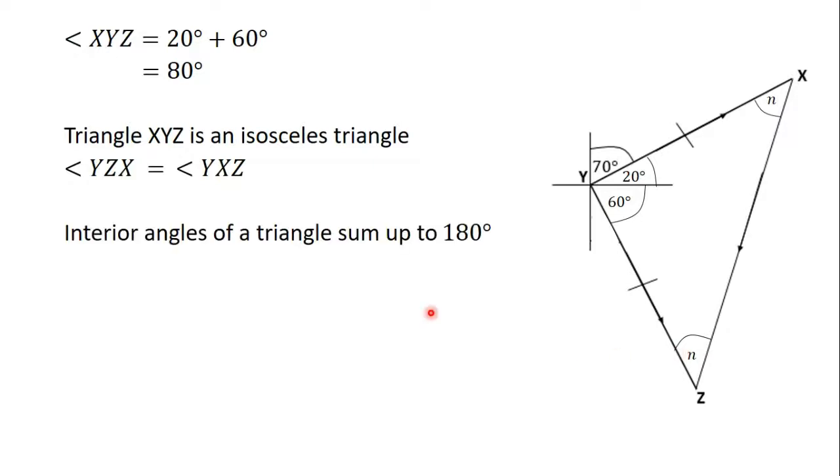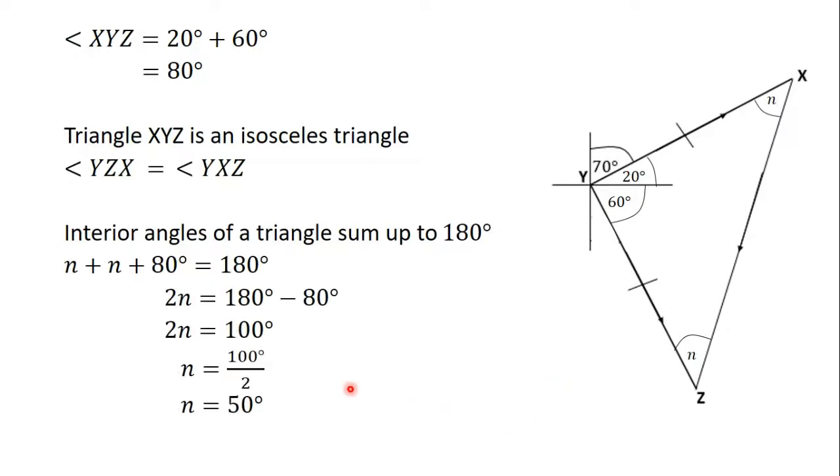From the properties of triangles, we know that the sum of the interior angles of a triangle is equal to 180 degrees. So if we add everything in this triangle XYZ, we are going to get 180 degrees. So n plus n plus 80 degrees will give us 180 degrees. If you simplify this, you will see that n will give us 50 degrees.